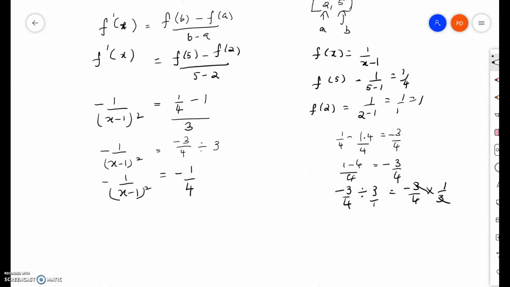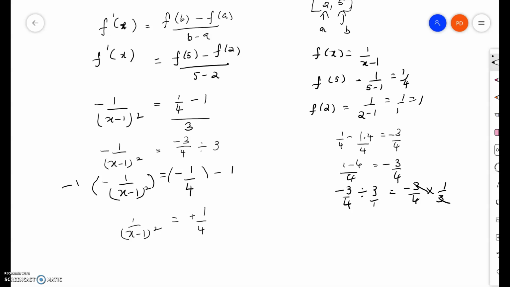So now we can multiply both sides by negative 1 to get rid of the negative sign. So we have 1 over x minus 1 the whole squared is equal to positive 1 over 4.